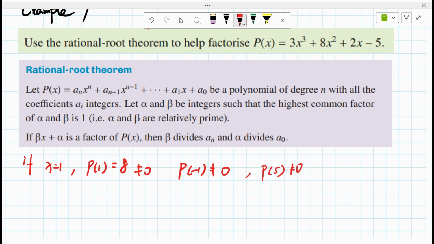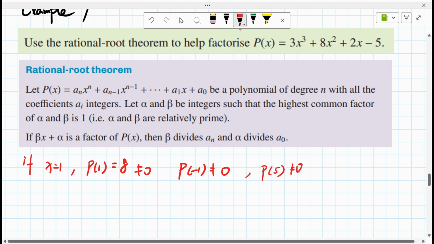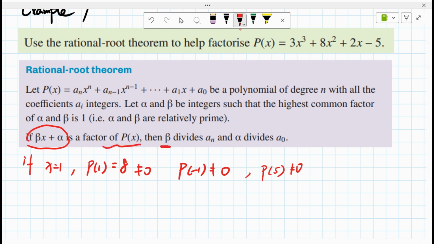Now we're going to figure out how to find a fraction that becomes the factor. That's why I want to circle this one. It's a factor of the polynomial, divided by a_n, which is the coefficient of the highest degree, so beta is equal to 3.